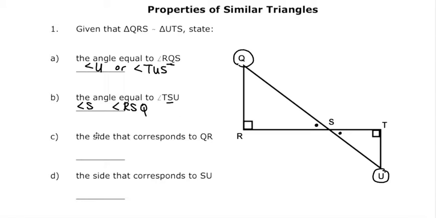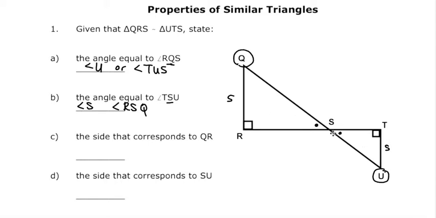Now I want to figure out what side corresponds to QR. So remember QR, I can either label it as the vertices that make up that line, or I can call it from S because that's the angle that's across from it. But again, remember that even though this is S in the big triangle, this is also S in the small triangle.